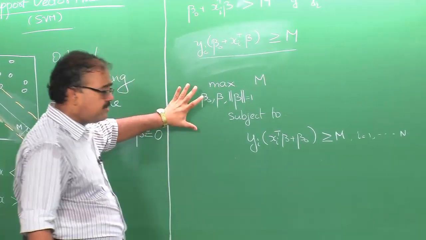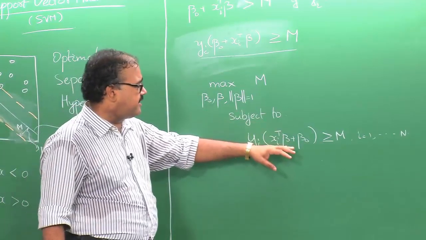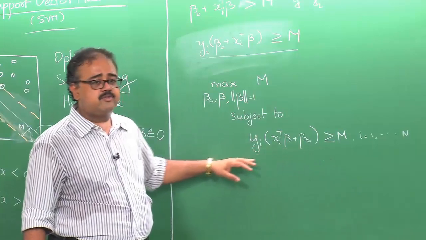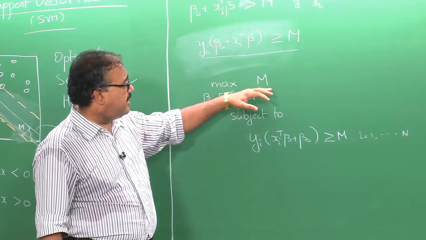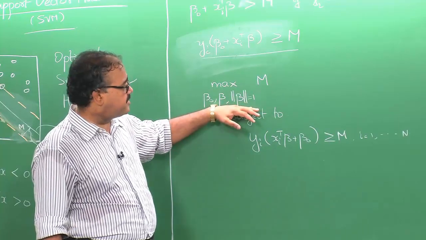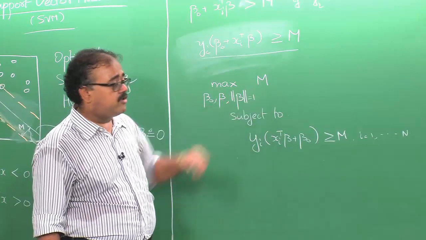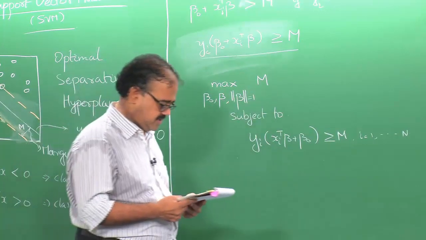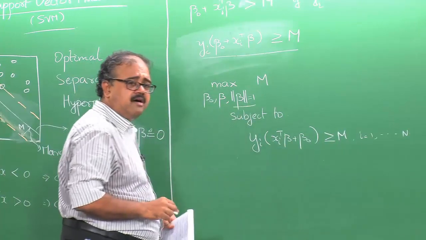So, I hope the formulation of the optimization problem so far is clear. It is essentially saying that I want all my data points to be at least a distance m away from the hyperplane, and subject to that constraint and subject to my beta being norm 1, I want to maximize the margin. So, this is a pretty irksome constraint.